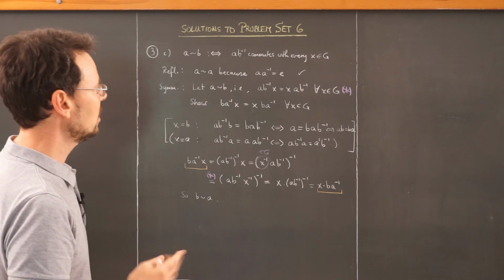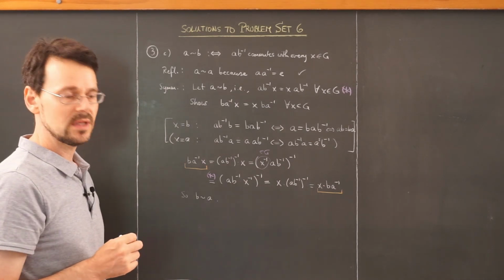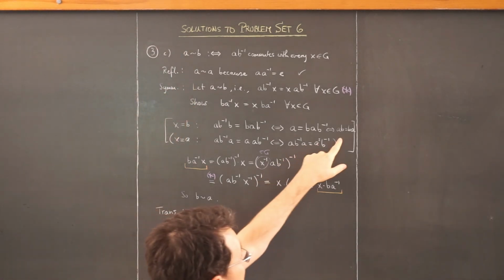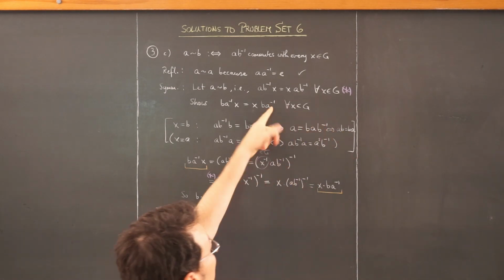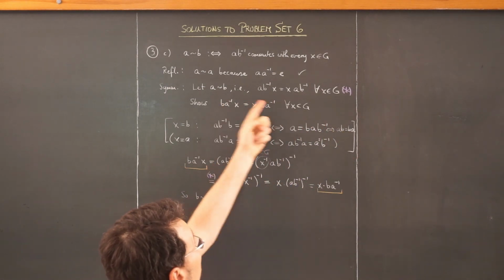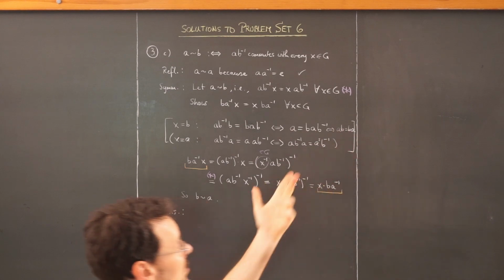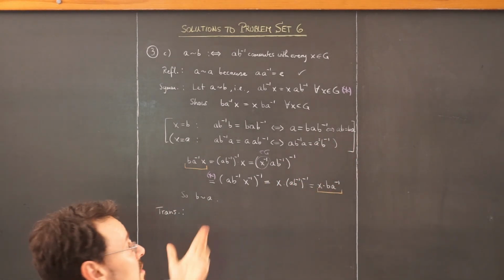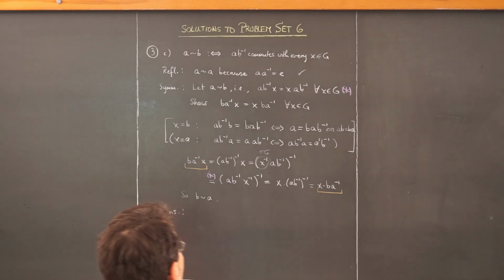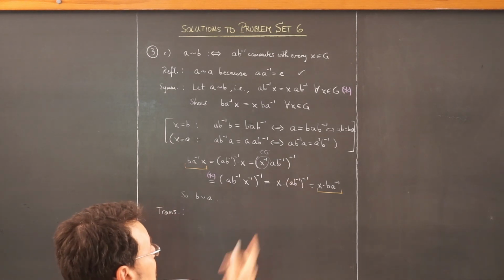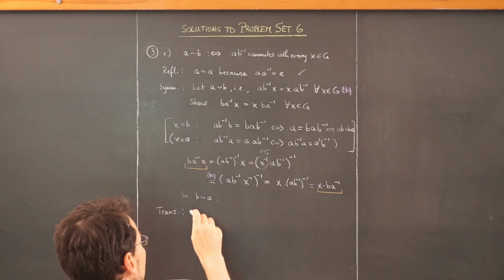So this is symmetry. Let's hope that transitivity is easier. Yeah, and this here, by the way, didn't help because I always have an inverse with the B or the A, so the commutation of A and B without the inverse isn't very helpful. Or maybe it is and I just didn't see it. Might also be the case.